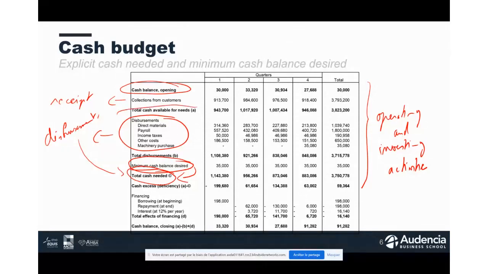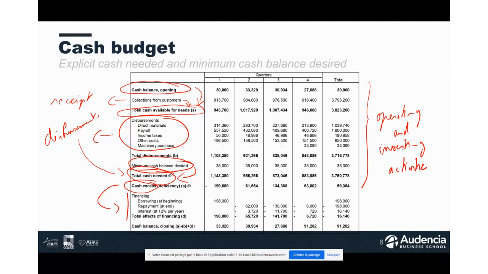What is available is because of the opening cash and the cash created during the period. If the cash available is higher than the cash needed, you have an excess of cash. If it's not the case, you have a deficiency of cash.